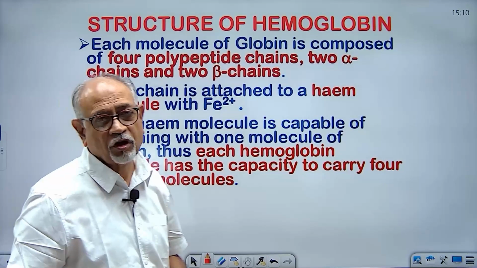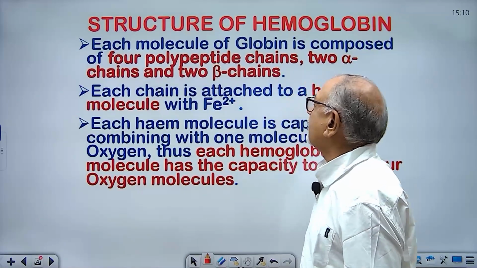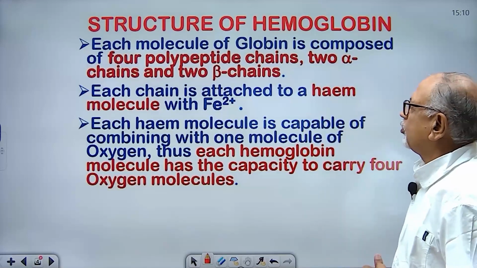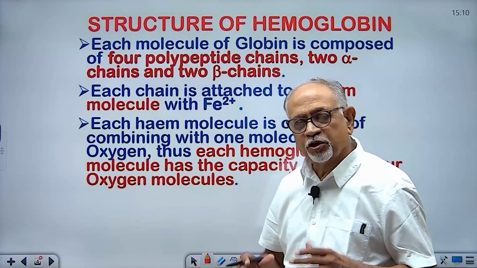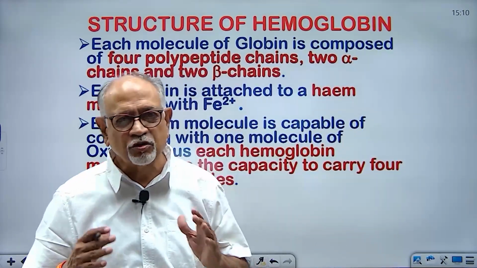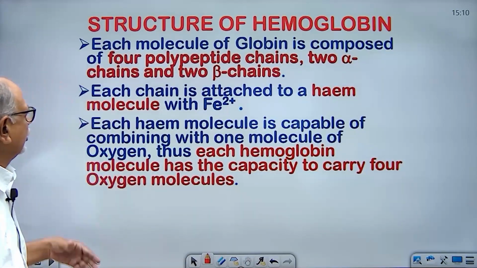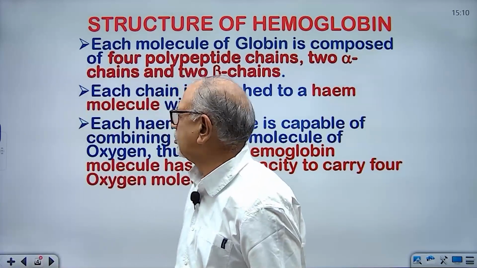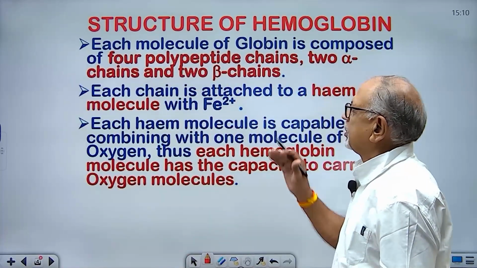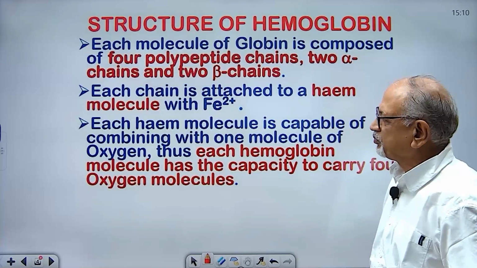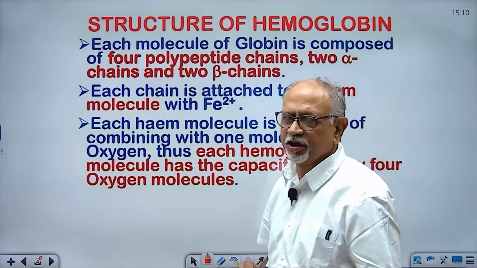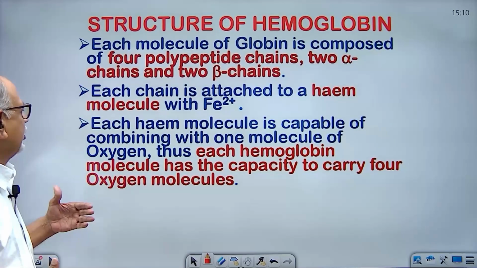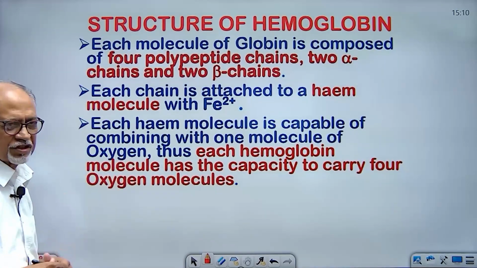Each molecule of hemoglobin is made up of 4 polypeptide chains, 2 alpha chains and 2 beta chains. Each chain is attached to a heme molecule with Fe2 plus, and each heme molecule can carry 1 molecule of oxygen.